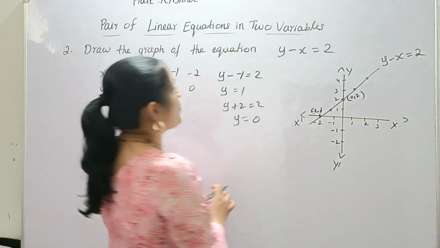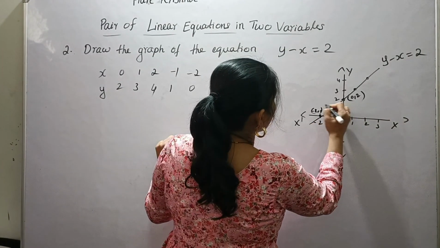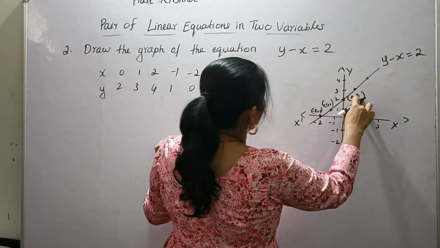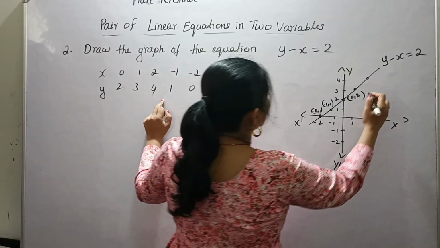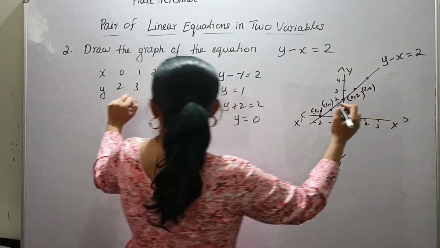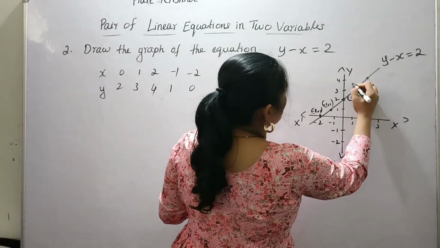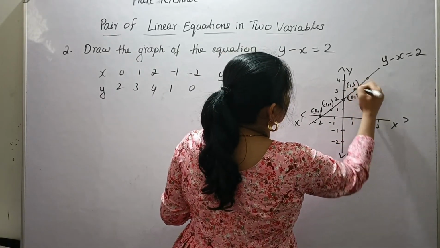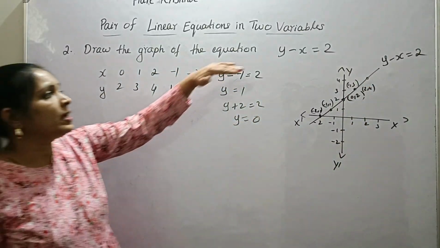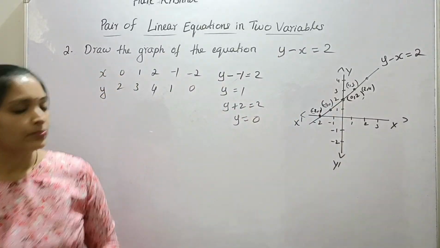All these points, minus 1, 1, minus 2, 0, 0, 2, 1, 3 and 2, 4 are the solutions of the linear equation y minus x is equal to 2.